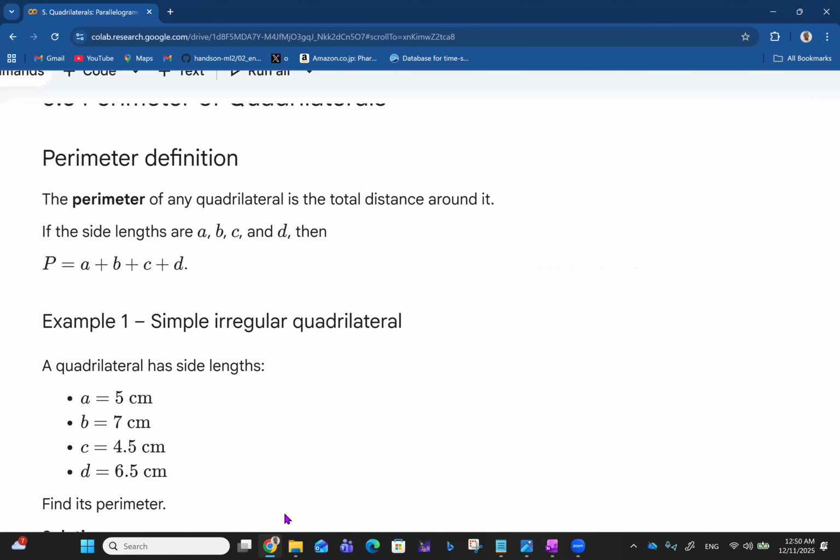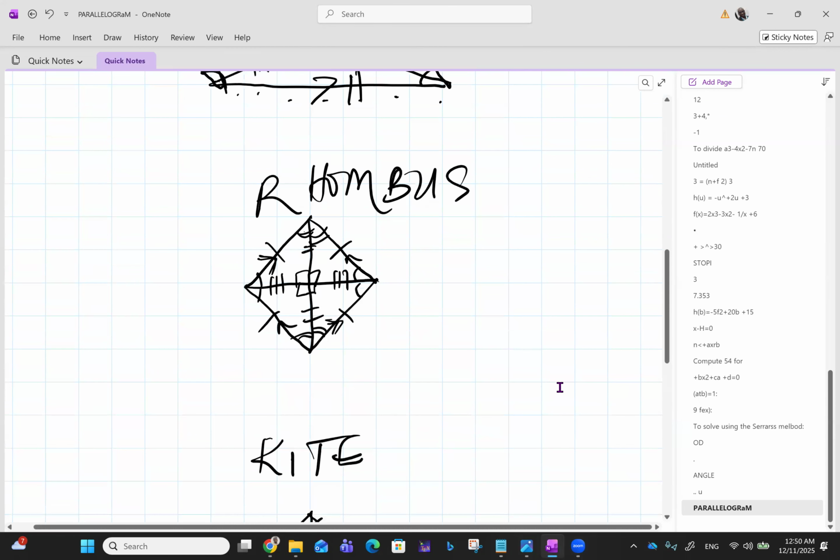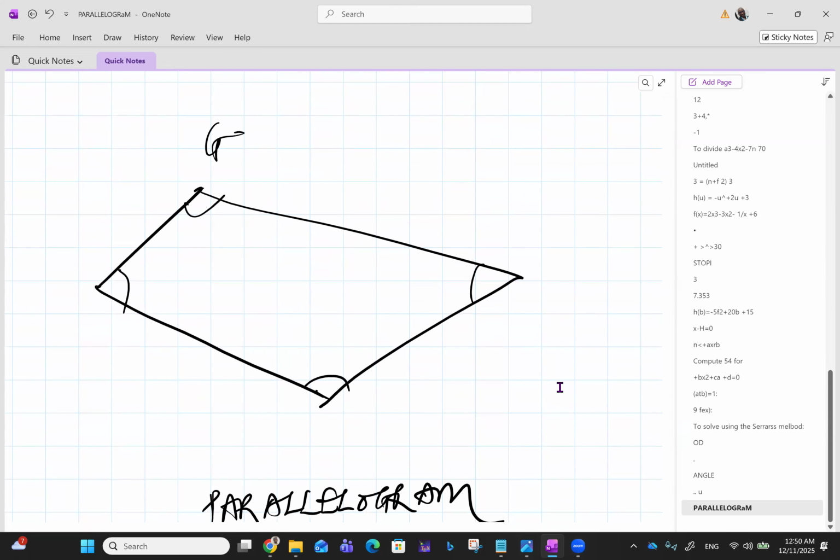Okay? So let's move on to talk about the perimeter of quadrilaterals, which is pretty simple. The perimeter of any quadrilateral is the total distance around it. So if the lengths are A, B, C, D, then P equals A plus B plus C plus D. So if you come back here to each quadrilateral you've seen, this is the general quadrilateral, if you like.